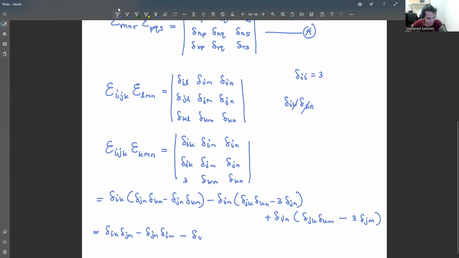Minus here, I'll keep delta IM the same, delta JK, delta JN. Minus 3 delta IM, delta JN, right? Minus into minus is plus. So here delta IN, JK, KM, minus 3 delta JM delta IN.